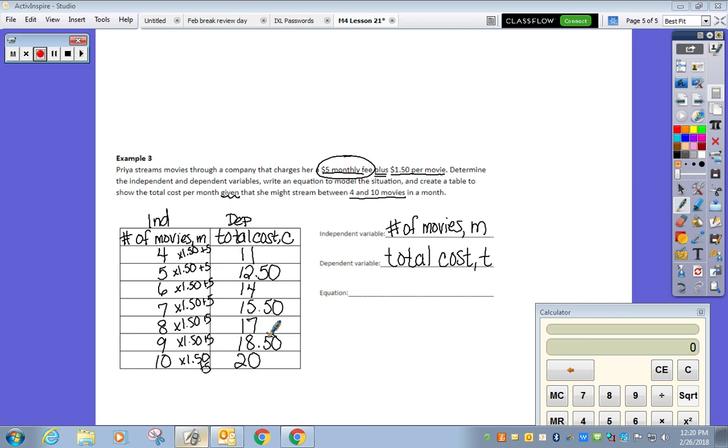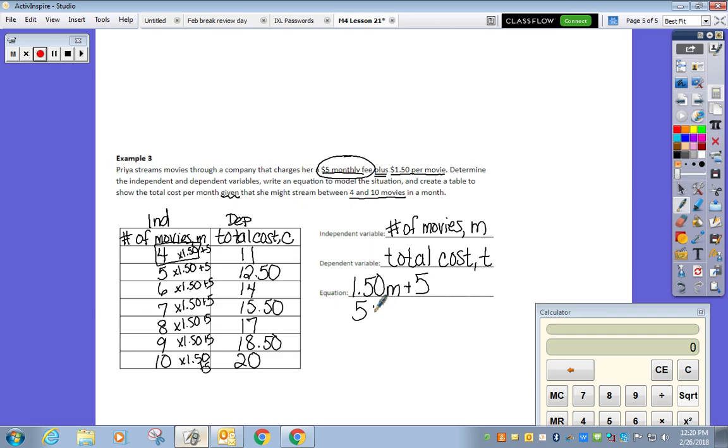So in other words, what we're doing, if we're doing 4 times $1.50 or 5 times $1.50 or whatever, is we're taking that number of movies and multiplying it by $1.50. So for our equation, we would do 1.50 times the number of movies, or M, and then add on the 5 to it.